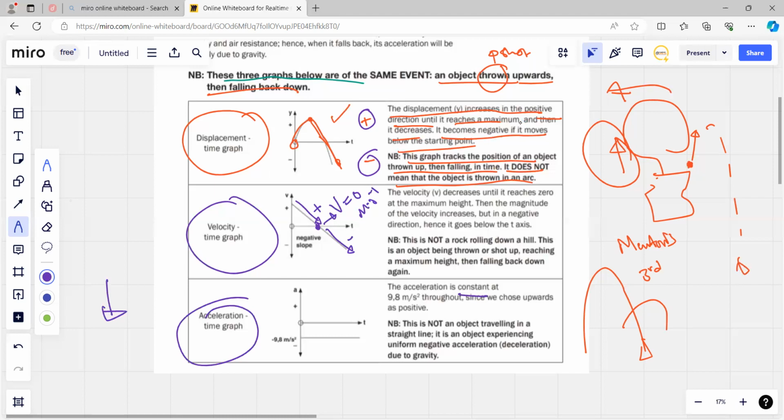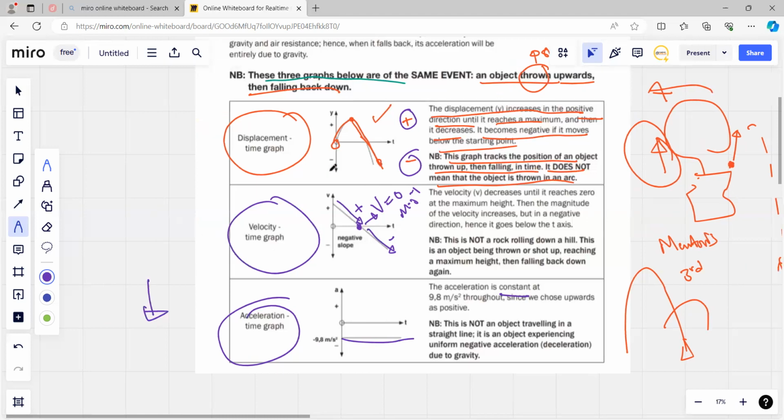And that's why we draw a straight line like this. So basically, these graphs are very simple. You have to take into consideration in which direction the object is moving, and what is the direction of that particular object.